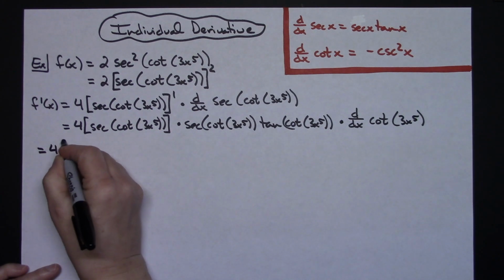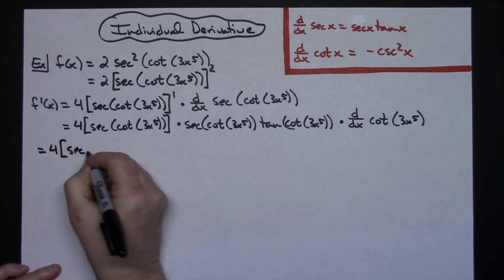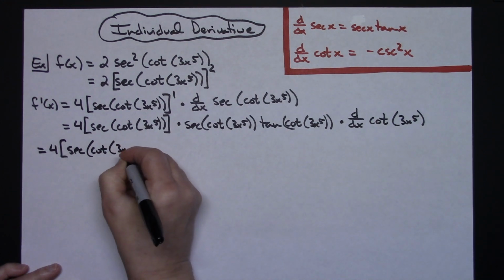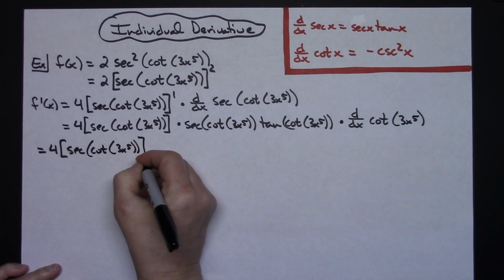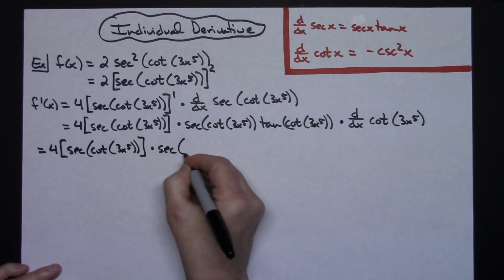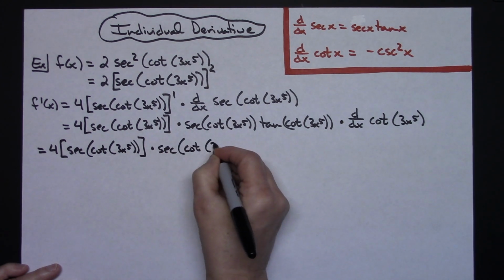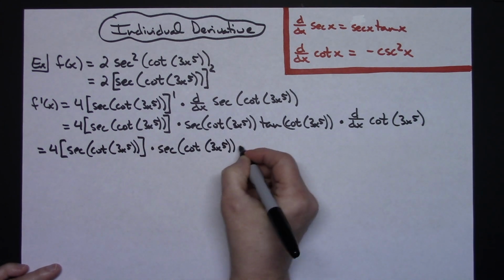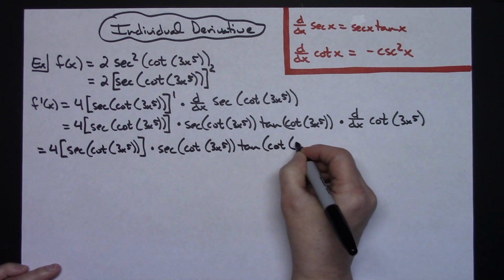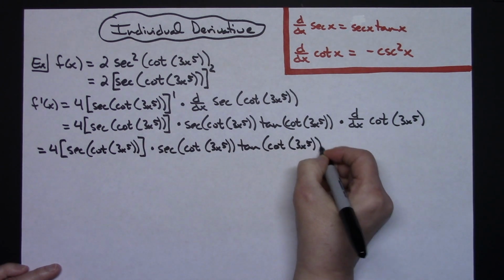So let's have a 4, we'll have our secant cotangent 3x to the 5th, and then secant cotangent 3x to the 5th, tangent cotangent 3x to the 5th.